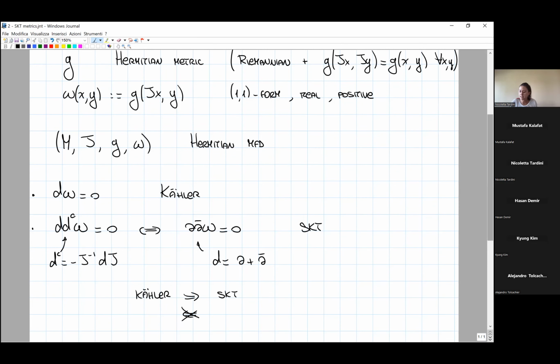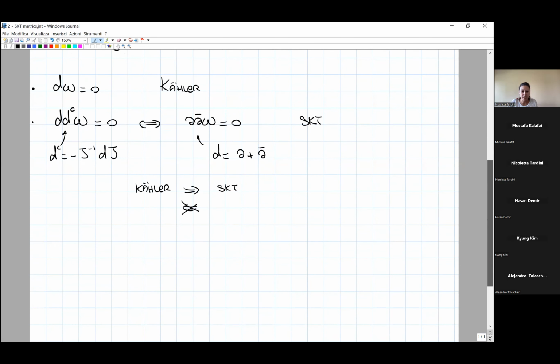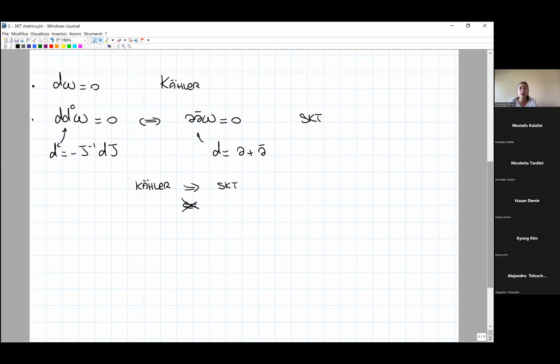For instance, yesterday we saw an example in dimension 3, the product S^3 × S^3, that is an SKT manifold that admits no Kähler metric. Actually, it doesn't admit any symplectic structure. We also saw that every compact complex surface admits an SKT metric, so they always exist in dimension 2.